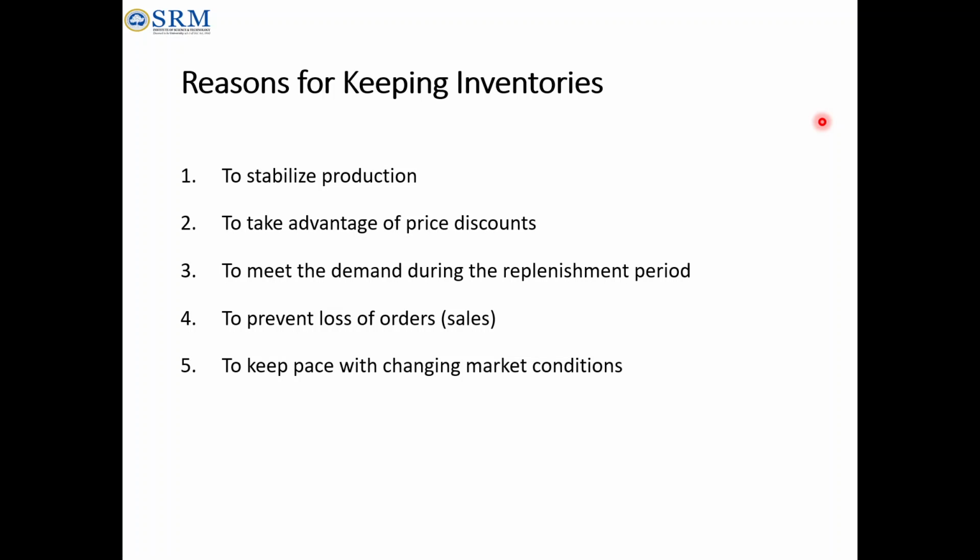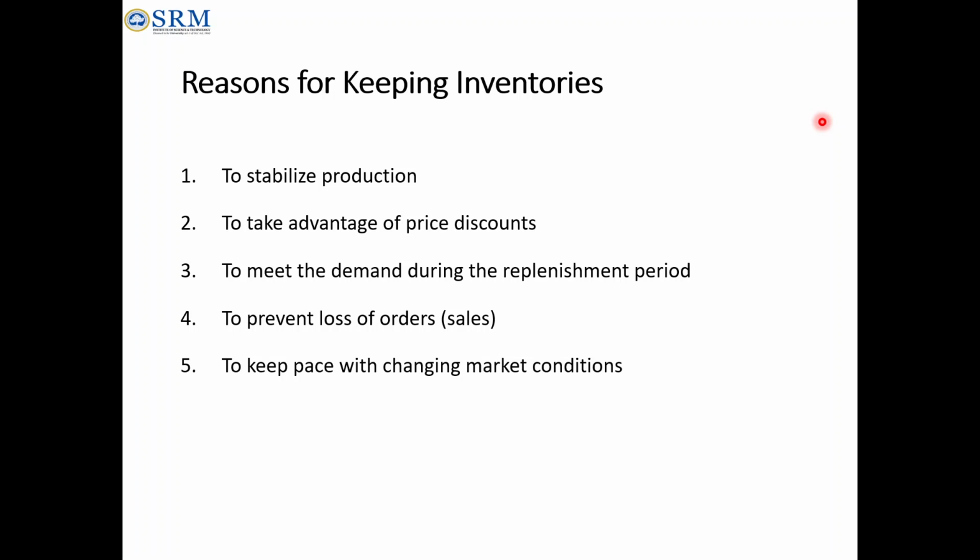For example, when the demand is there, you should always keep your components or products with you. Whenever they are asking, you have to give. Suddenly they may increase the demand, so instead of asking for 20 products, they may ask for 35 products, something like that.